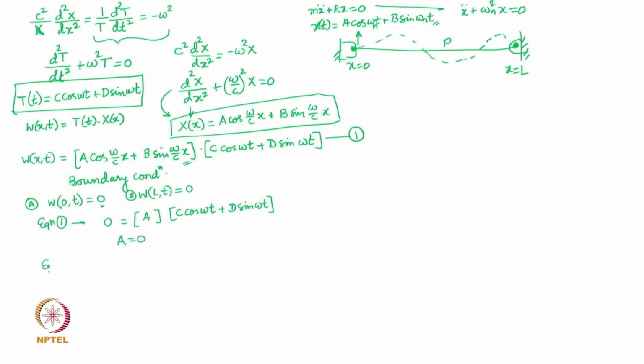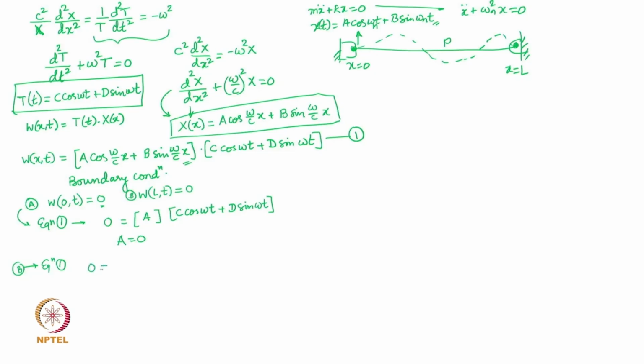Now if you look at equation 1 and apply boundary condition B, what you get is w at L comma t.